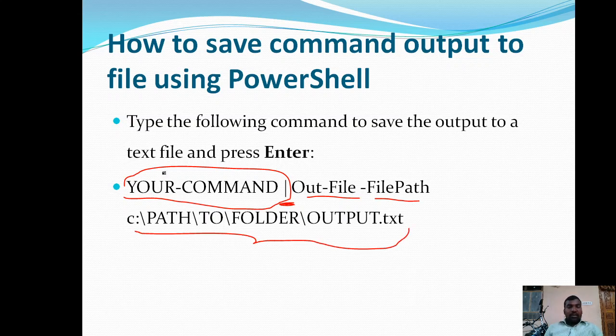Here Get-ComputerInfo is the command name. Type that command, then a pipe symbol, then write the path where you want to save along with the file name.